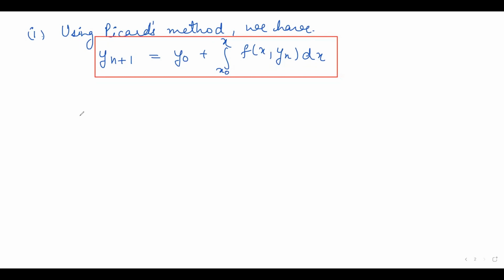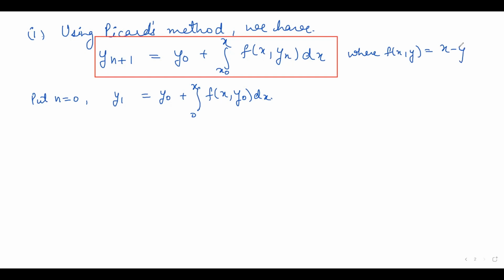Now moving ahead, I'll put n is equal to 0. So you will get y1. That would be y naught plus the integral from x naught, that is given to us as 0, to x, of f of x, y naught dx. Now what is f of x, y naught? We can find it out. Here f of x, y is x minus y square. So every time we'll need to substitute this value.